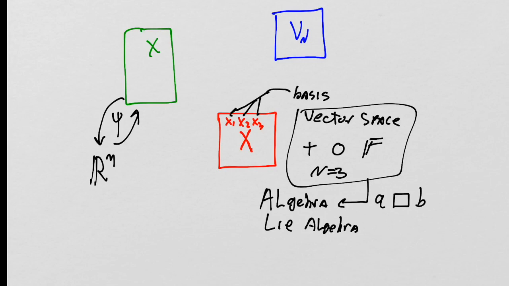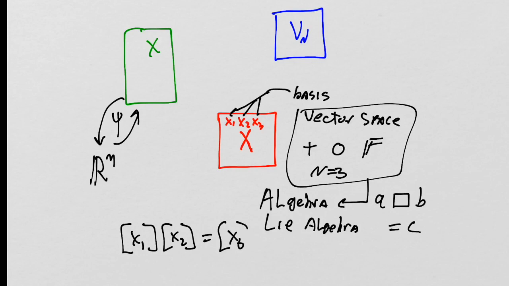We're going to have to be able to take 2 vectors, multiply them together, and get a third vector, right? Now, you might want to jump in and say, oh, well, these are matrices, right? X1 is a matrix, and X2 is a matrix, so it seems pretty obvious that if you multiply them together, you're going to get X3.